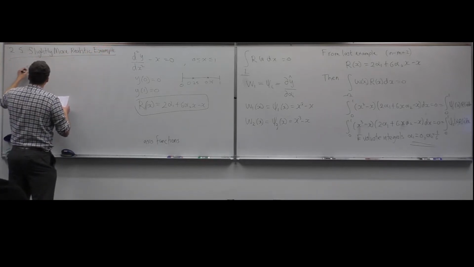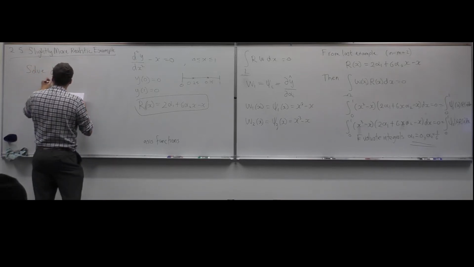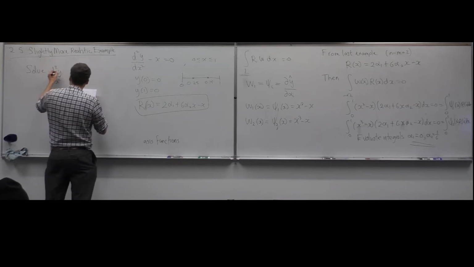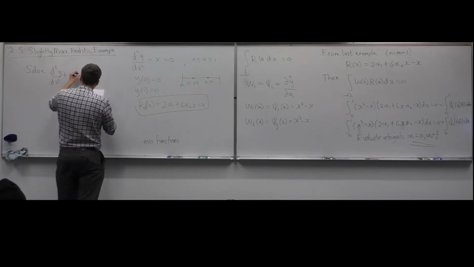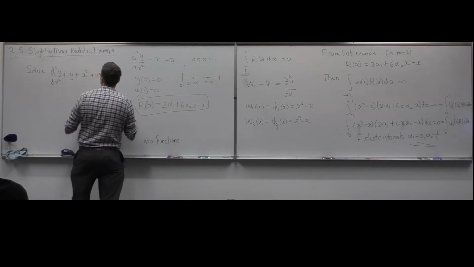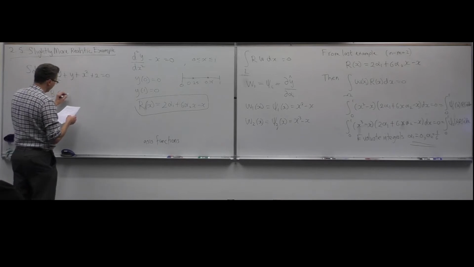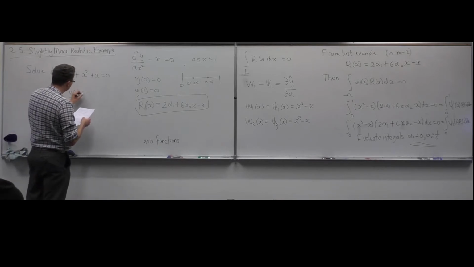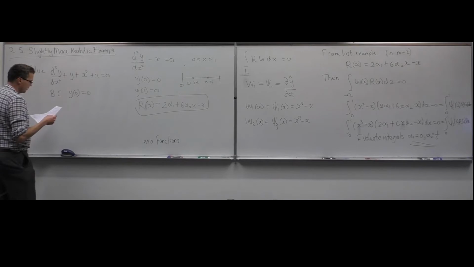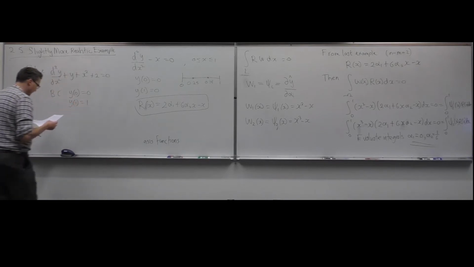So let's solve this equation here. The second derivative of y plus x squared plus 2 is equal to 0, and the boundary conditions are: evaluate y at 0 gives 0, and evaluate y at 1 gives 1.